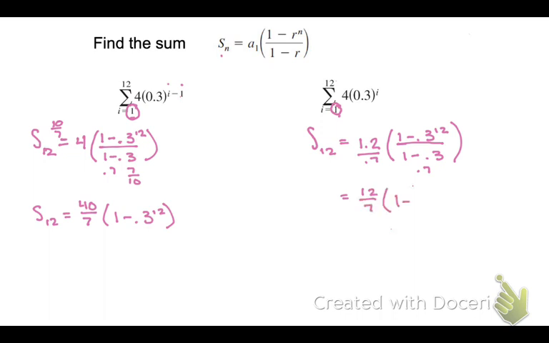Are these going to have different sums? Put them in your calculator and see what you get. And when you put the 40 over 7, make sure you put that in parentheses.